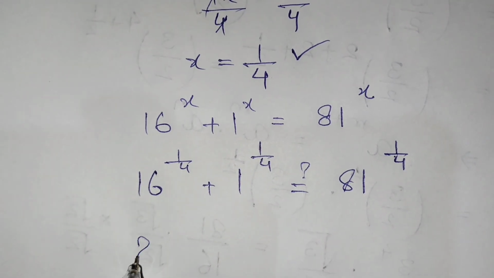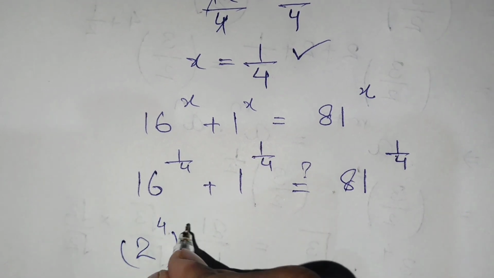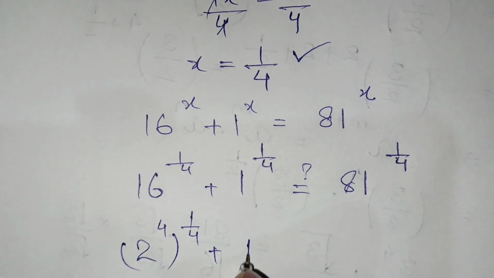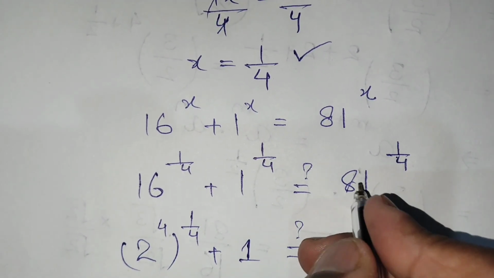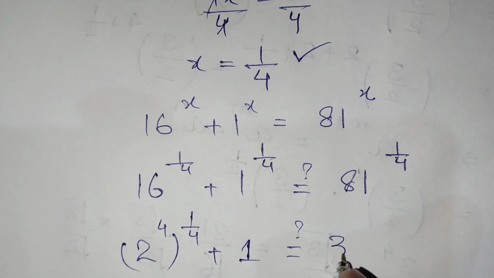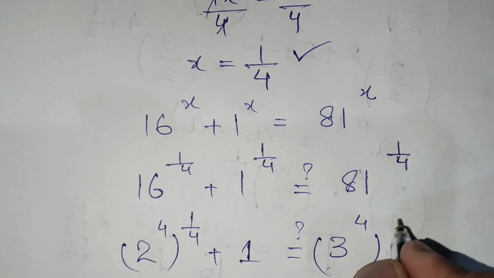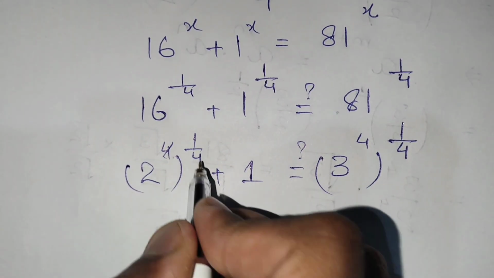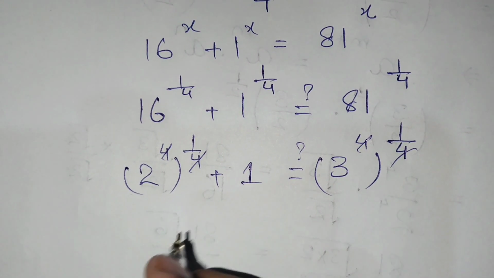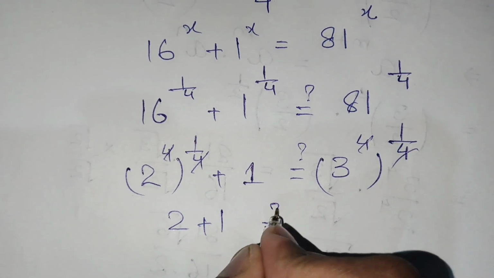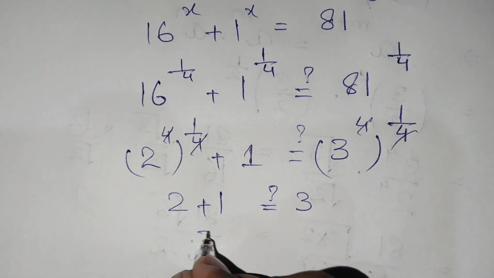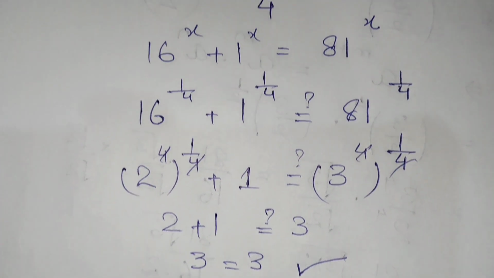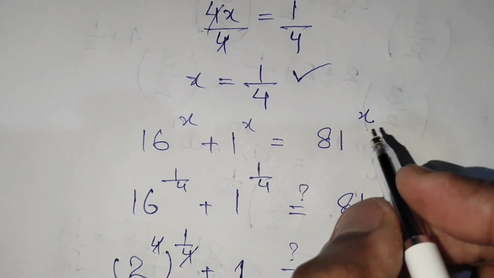We can write this 16 as 2 power 4 raised to the power 1 by 4 plus 1 raised to the power 1 by 4 is 1. 81 can be written as 3 power 4 to the power 1 by 4. 4 cancels with 4, 4 cancels with 4, 2 plus 1, so 3 is equal to 3, meaning left hand side equals right hand side, and our value of x, which is 1 by 4, is correct.